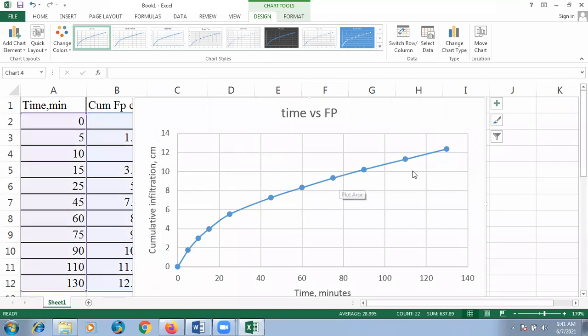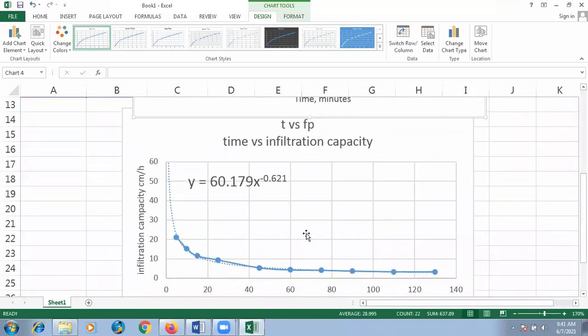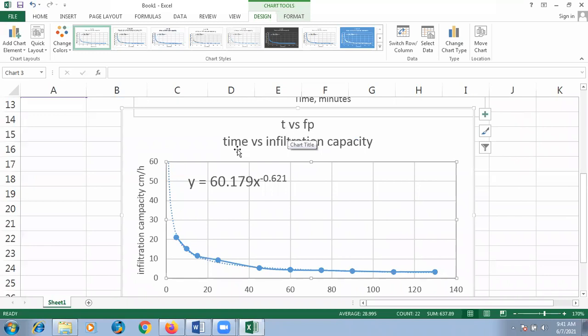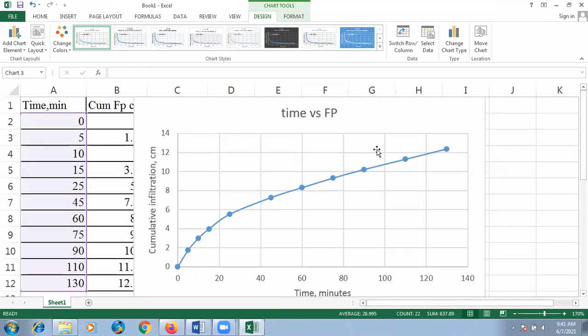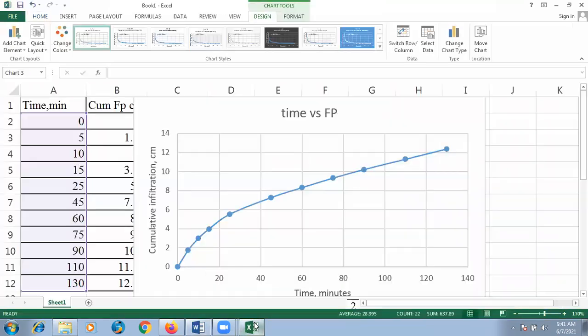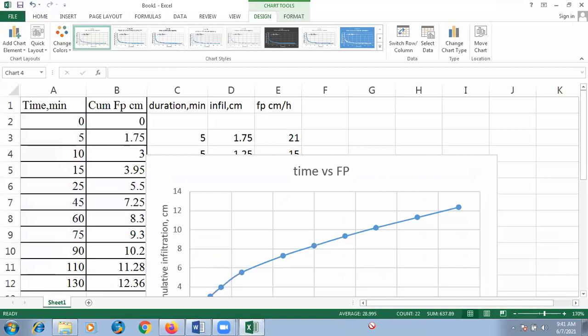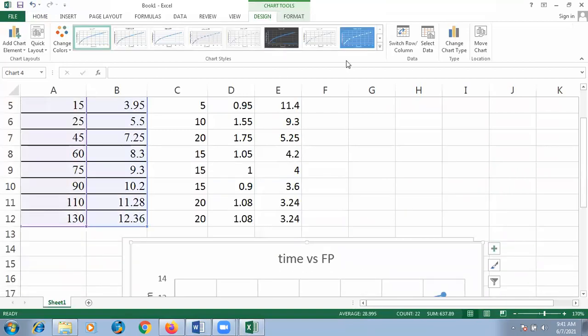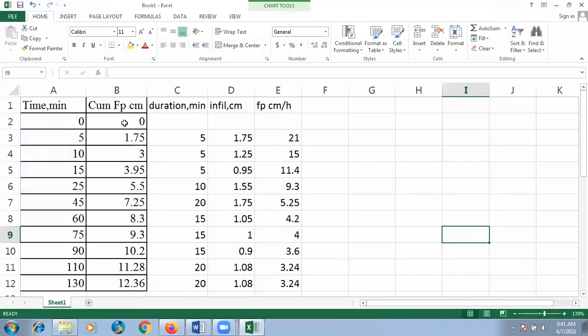So that also is done. This represents the second part for us. What you have as the first part is time versus infiltration capacity. And the second part is time versus cumulative infiltration. Then the other one, FP versus fp, cumulative value of infiltration against infiltration capacity. If you wish to do that, you have to do it by choosing appropriate values.